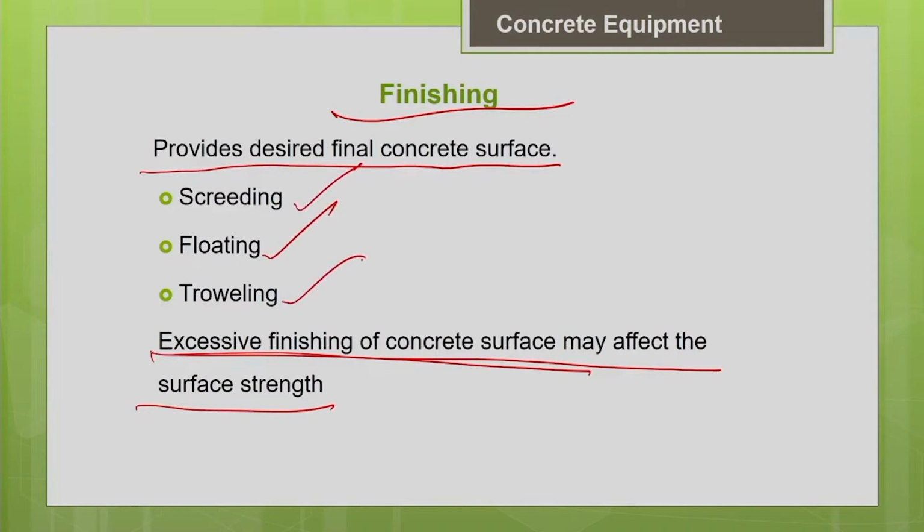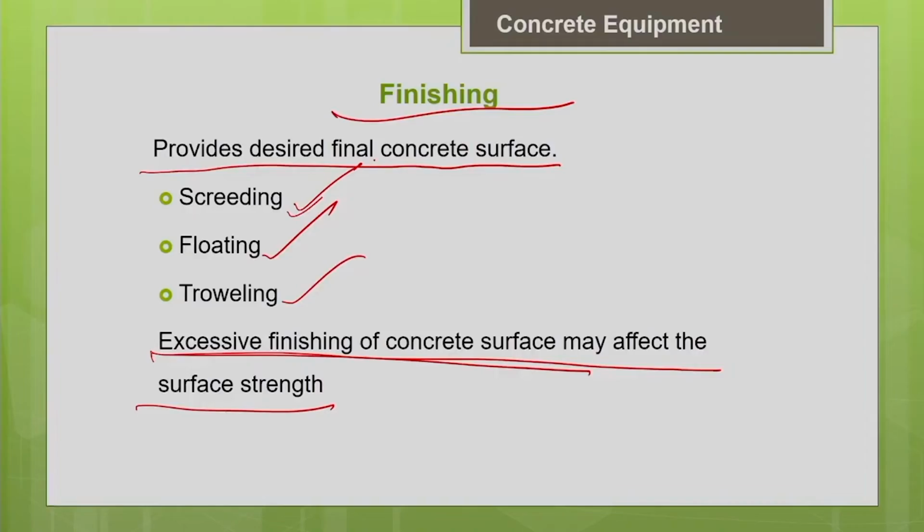Generally the actual time period for finishing is between the initial setting time and the final setting time. As the concrete dries up, if you try to finish it, you will get a smooth texture very easily.